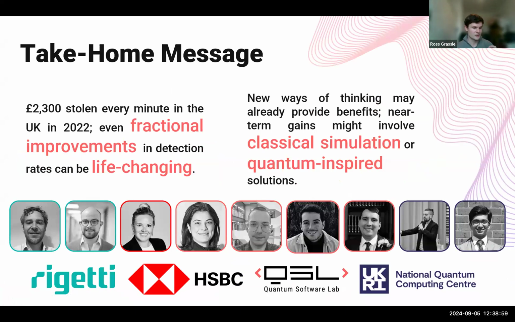So we want to pick use cases where fractional improvements still make a very big difference. So if we saw 1.2 billion getting lost due to fraud, if we can improve that by 0.1%, that's still a lot of money being saved. So we're very deliberately targeting these kinds of applications to have a look at.